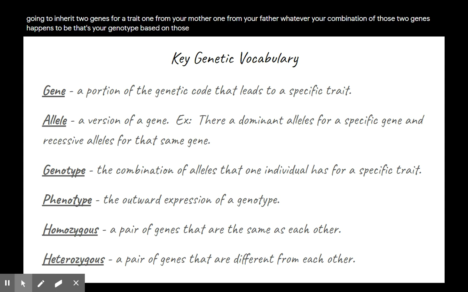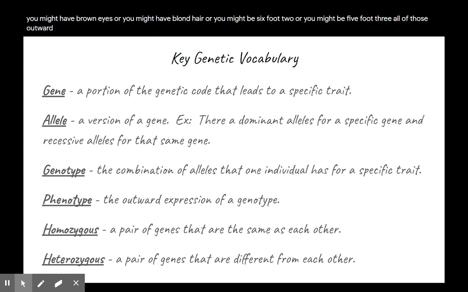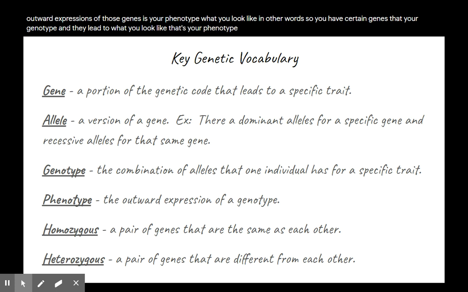Based on those genes, you're going to express a certain trait, as in you might have blue eyes, or you might have brown eyes, or you might have blonde hair, or you might be 6'2", or you might be 5'3". All of those outward expressions of those genes is your phenotype, what you look like, in other words. So you have certain genes, that's your genotype, and they lead to what you look like, that's your phenotype.